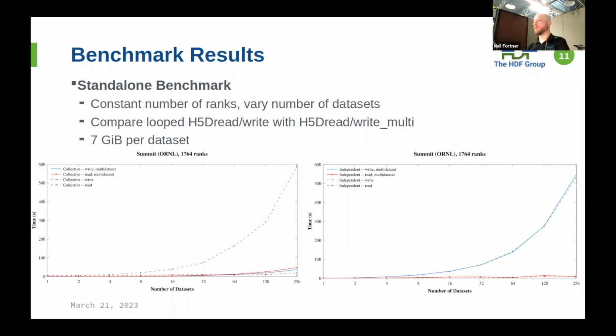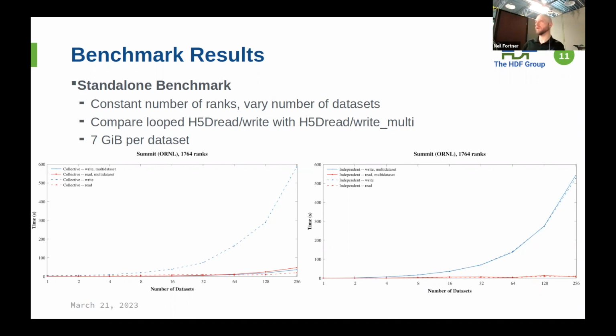So here's a standalone benchmark. It's worth mentioning that, like the independent versus collective choice, one method isn't always faster than the other. This is just another method that in many cases will maybe be faster, but it isn't always going to be faster. So this will illustrate that.